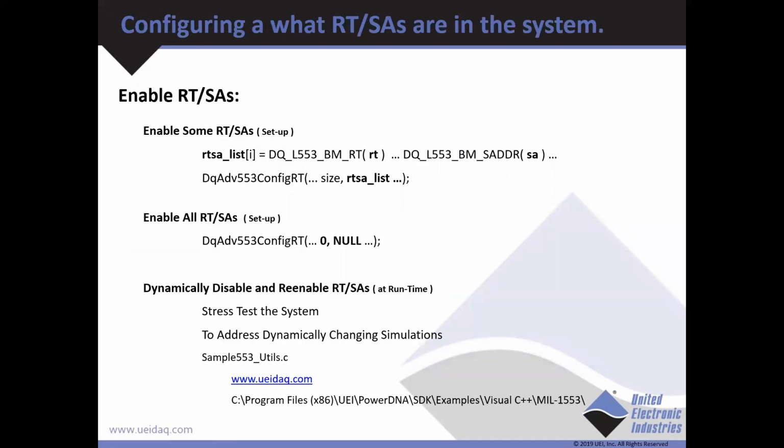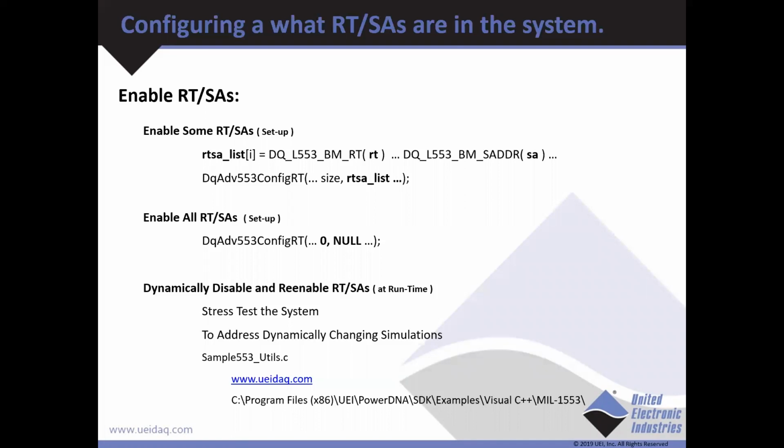Let's talk about enabling a channel to be RTSAs. There are two techniques. You can enable some of the RTs. So you might create a list with specific RTSAs, and you may have 5. So size would be 5, and this would be the list you want enabled.